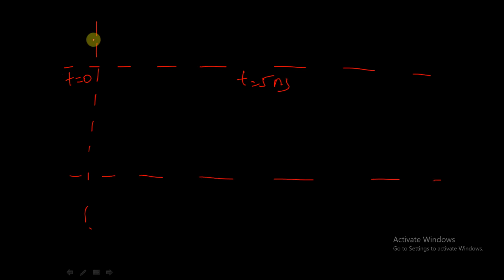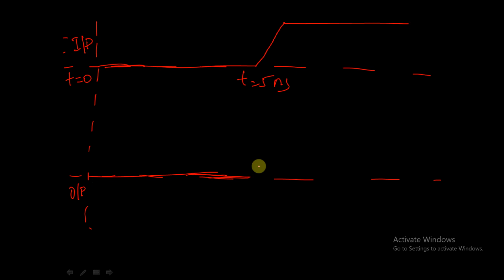By timing diagram, let's see. This is at t equal to 0, t equal to 5 nanoseconds. This is my input and this is the output of my buffer. My input signal is changing at t equal to 5 nanoseconds, like this. At the output, what can I see?